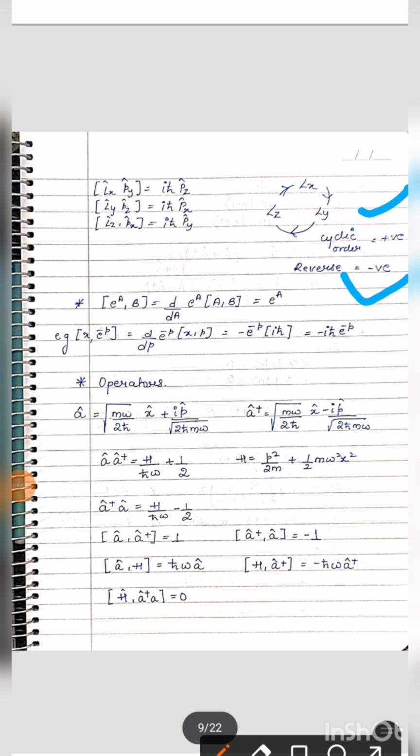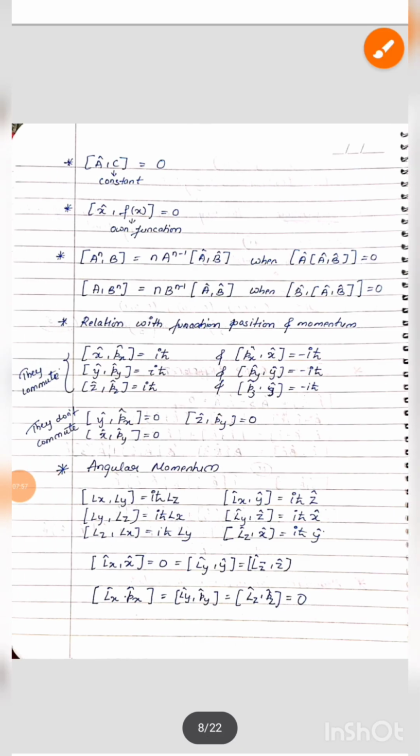And one more formula: Lx with y component is equal to iħ z cap. For y, Ly z, that is iħ x cap. Lz x cap is equal to iħ y. See, all these formulas you have already proved in your MSc.